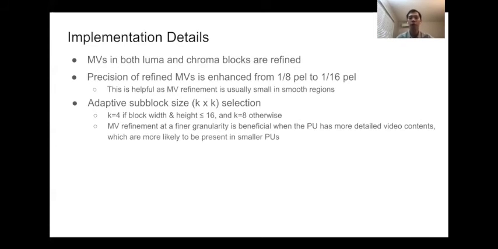The intuition behind this is that we would like to have motion vectors at finer granularities, especially when the prediction unit has more fine details or more detailed video contents. And it is more likely to have more fine details if the prediction unit size is smaller because of the RD search.